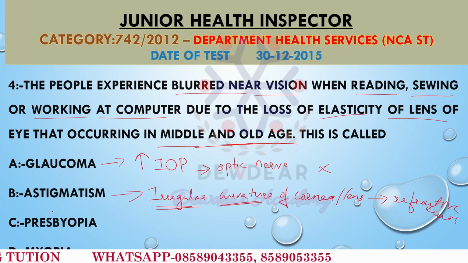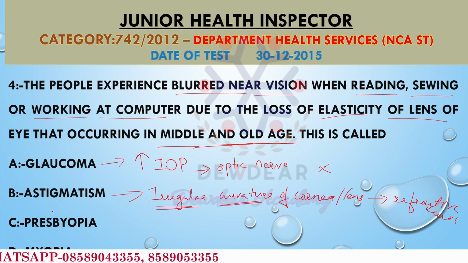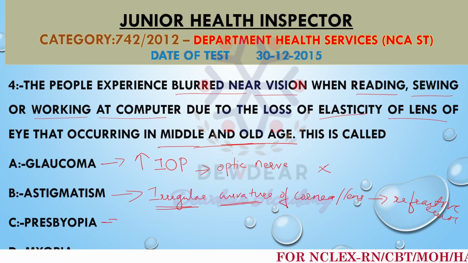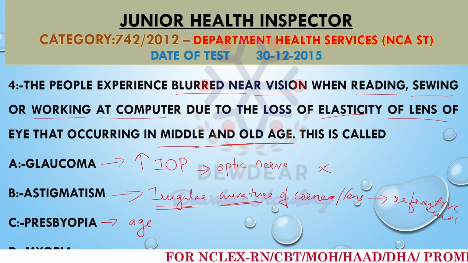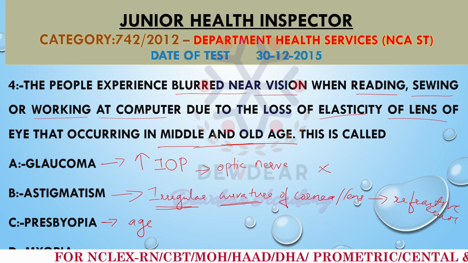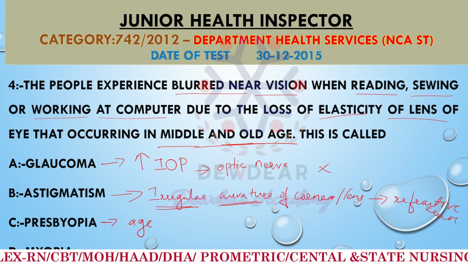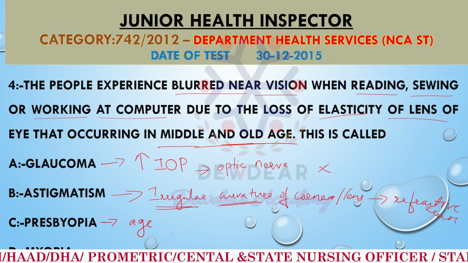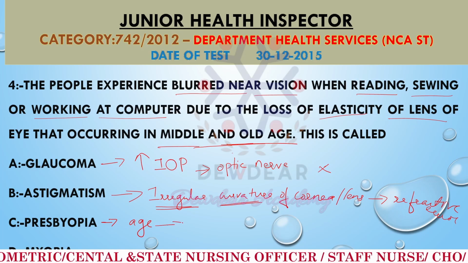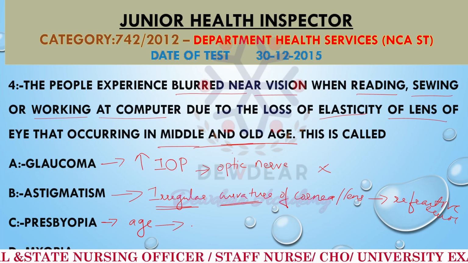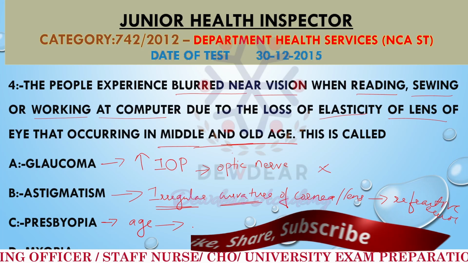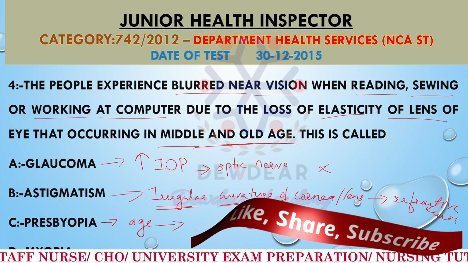Then we have presbyopia. This is an age-related condition. This is an age-related problem where the lens of the eye loses its elasticity. So when the lens of the eye loses that elasticity, it makes it difficult to focus on close objects or near objects.